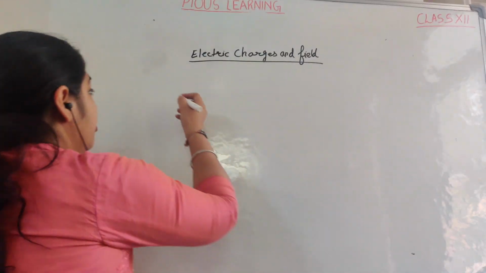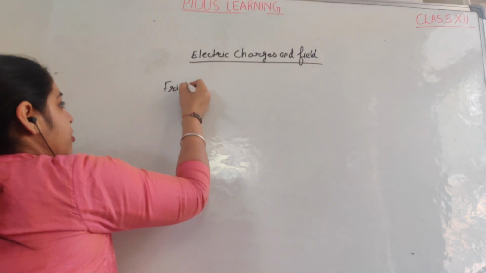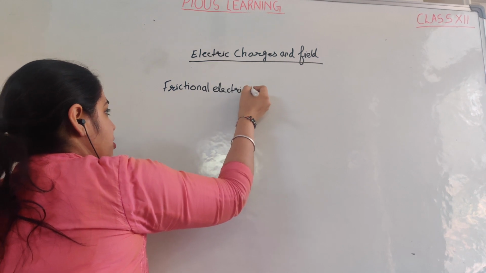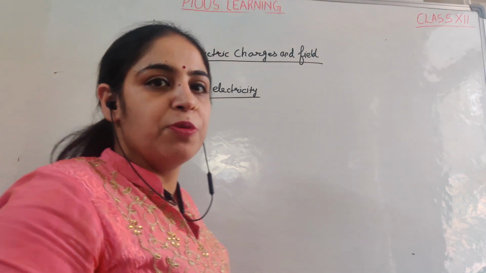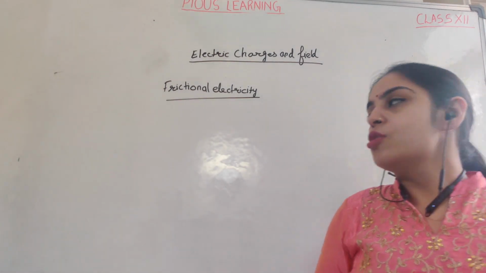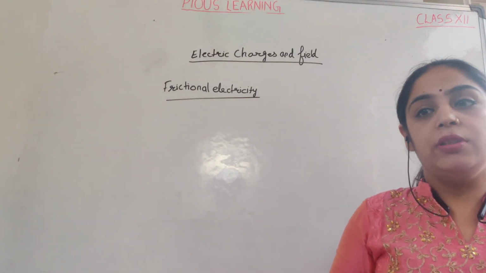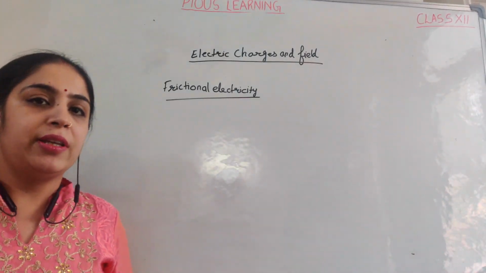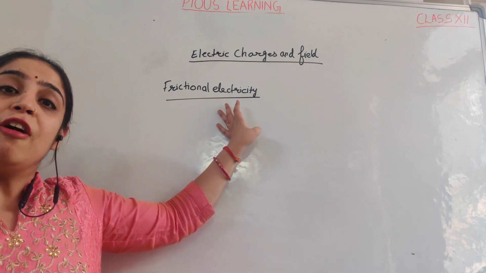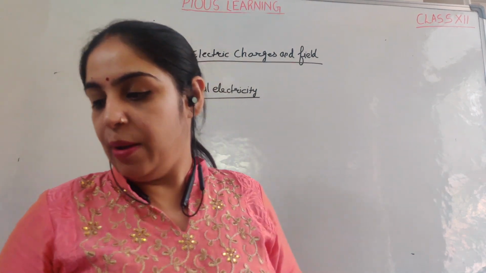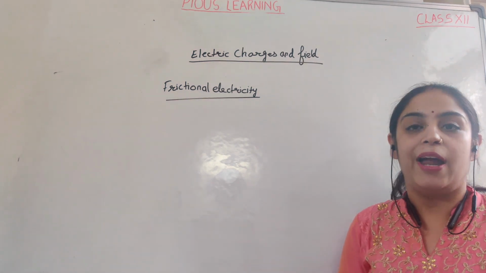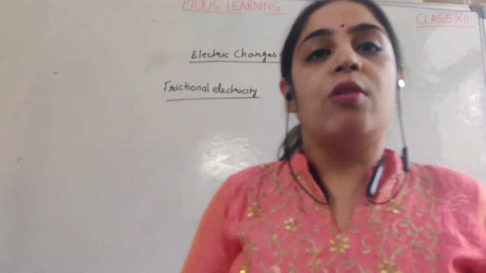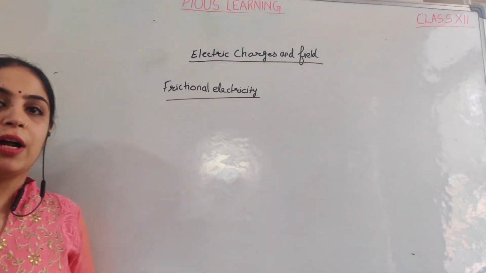Now, what is frictional electricity? I'll be talking about certain terms first before I actually begin with the chapter. So frictional electricity: wherever the charges are being transferred from one body to another when they are rubbed together, that will be known as frictional electricity. For example, if you take a glass rod and you rub it with a silk cloth, then few electrons will transfer from one to another.